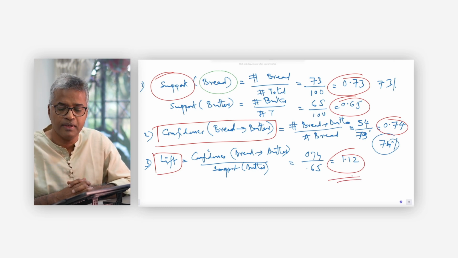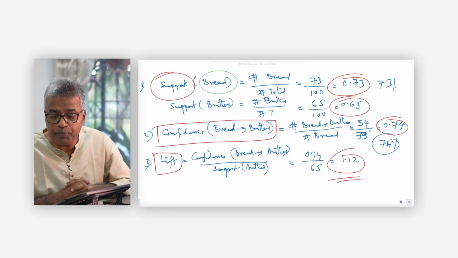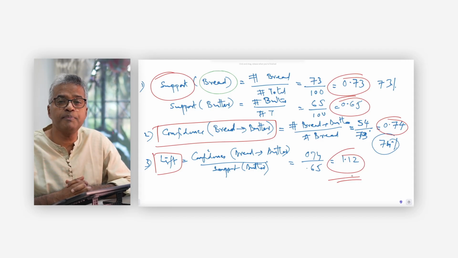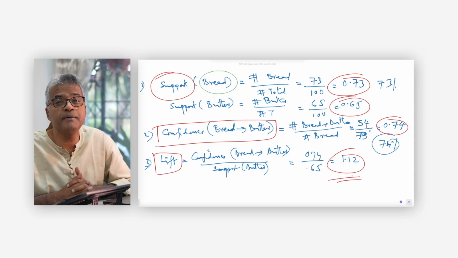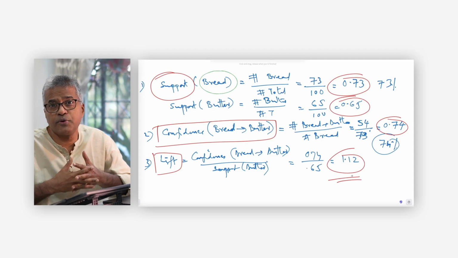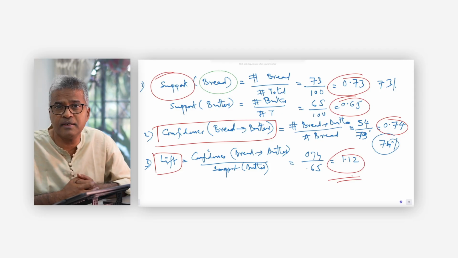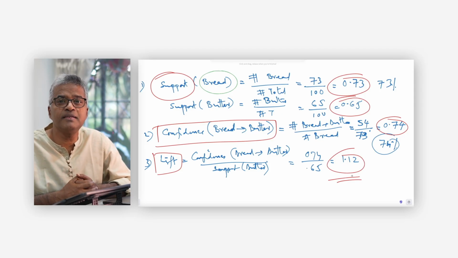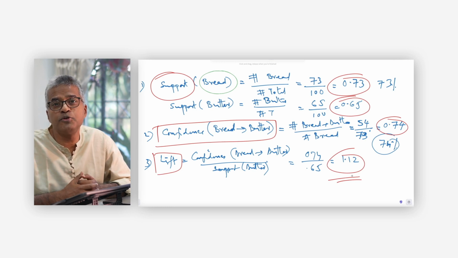Third, the lift value is 1.12. That means people buying bread and ending up buying butter is not just a coincidence or an accident. In fact, it is a pattern. Therefore, it is better to keep bread and butter together in the grocery shop. People will tend to buy them.